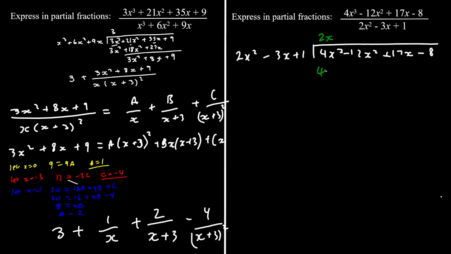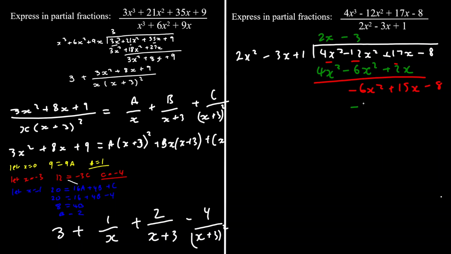And then times by the 2x. And take away. 4x cubed take away 4x cubed is nothing. Negative 12 plus 6, so negative 6x squared. 17 take away 2 is 15. That'd be 15x. Bring down the next one. 6x squared over 2x squared, negative 3.